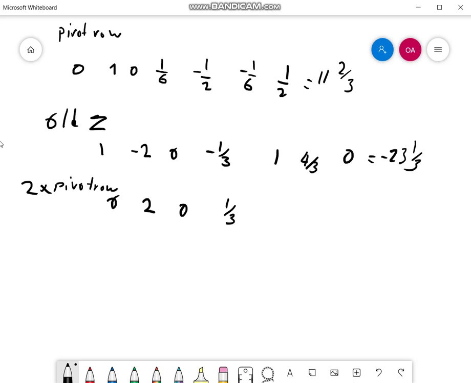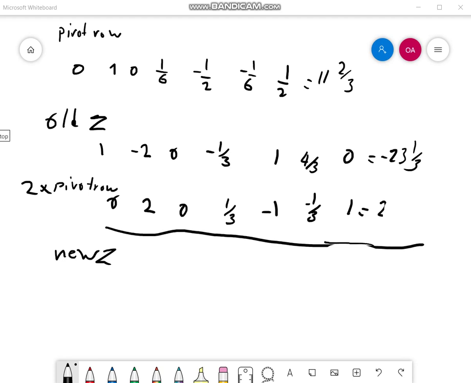It should be 8 variables: 1, 2, 3, 4, 5, 6, 7, 8. So it's correct. So 0, 2, 0, 1 over 3, minus 1, minus 1 over 3, 1, which is equal to 23 and a third.